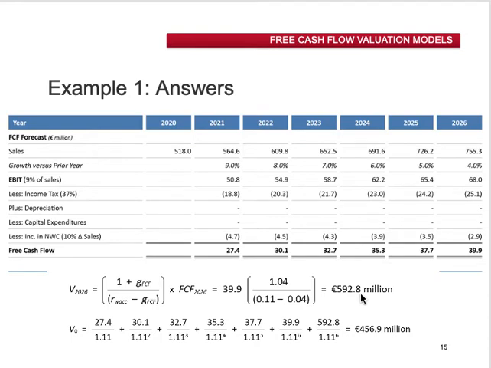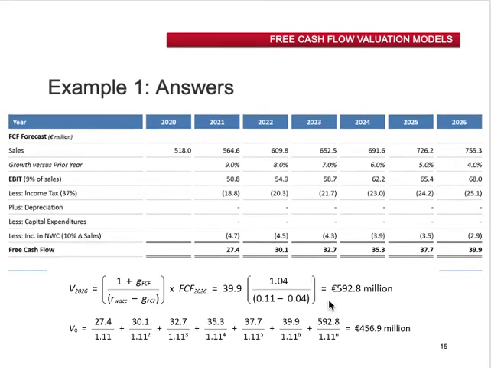592.8 million. Remember that, and I've just said it, the 592.8 million is the present value of all cash flows of 2027 and beyond at 2026. So the terminal value needs to be discounted until the early 2021. For us to do that, we need to discount this amount with 1.11 to the power 6.